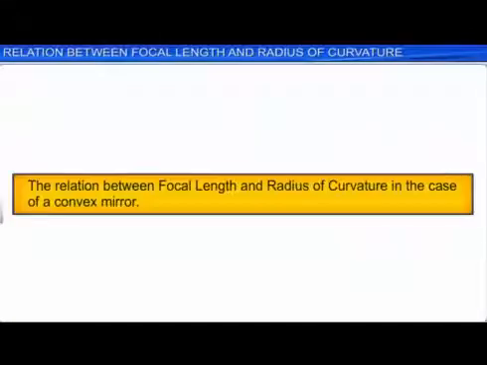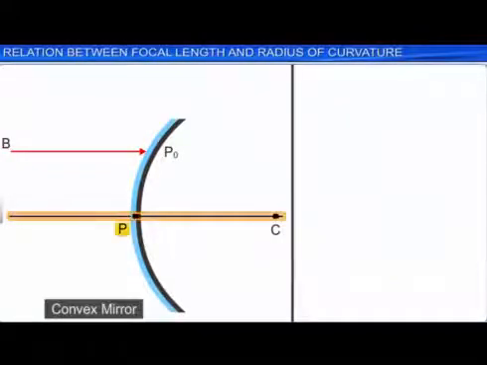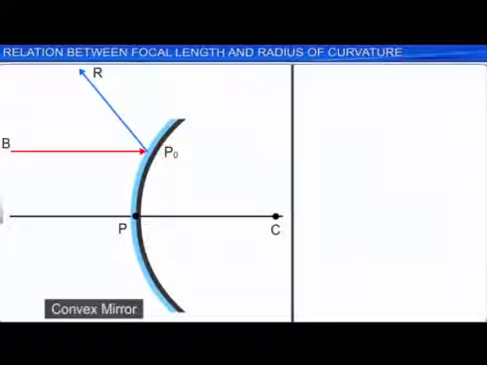Let's determine the relation between focal length and radius of curvature in the case of a convex mirror. Consider a ray of light BP0 parallel to principal axis PC and incident on the convex mirror PP0. P0R is the reflected ray.